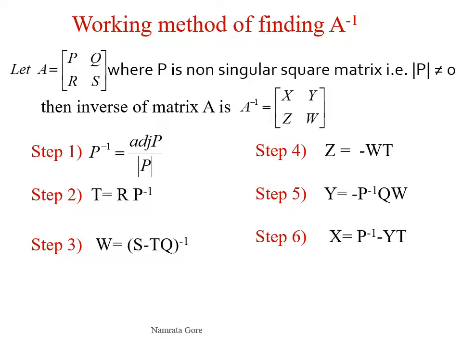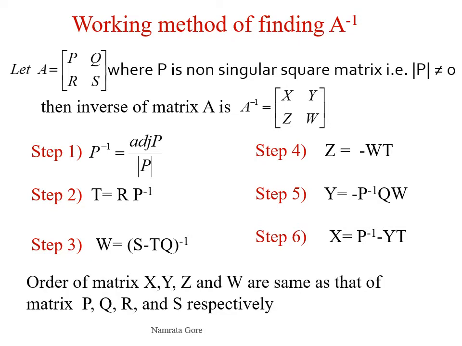Again, all these values we have already calculated and will substitute to get X, and then placing X, Y, Z, W in A inverse we get the inverse of the matrix. Here we need to note that X, Y, Z, W will be of the same order as P, Q, R, S. So these formulae we need to remember while solving by the partitioning method.